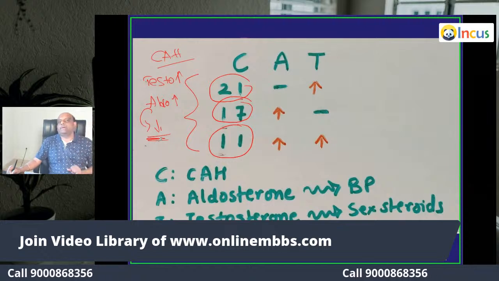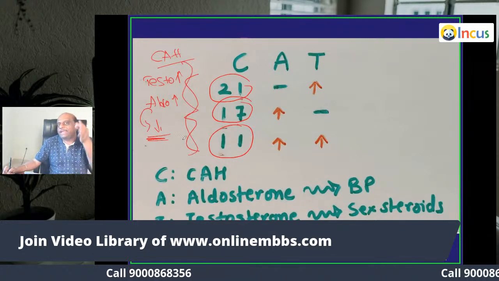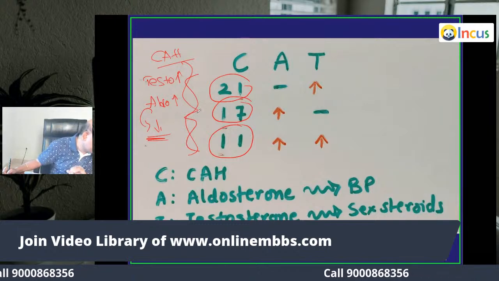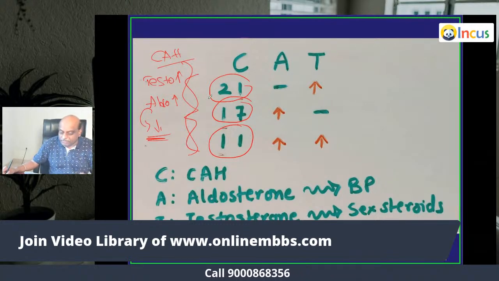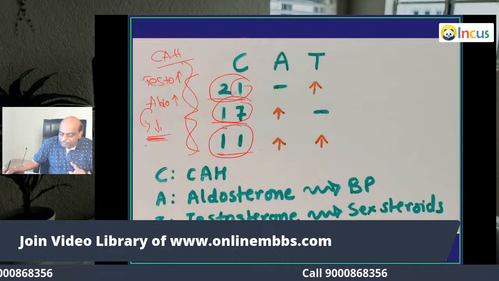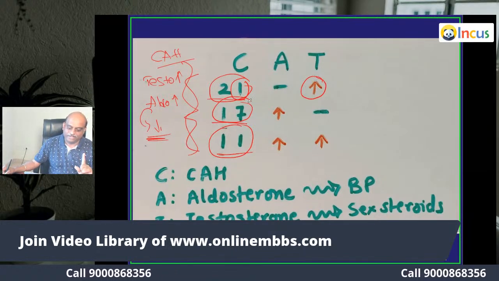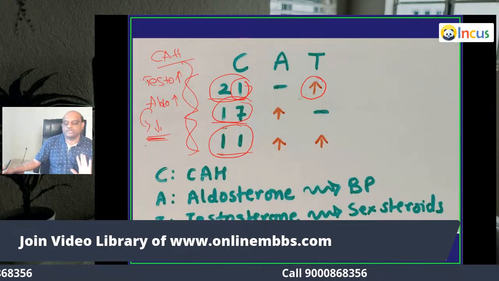So how will you remember which of these three possibilities in each of these congenital adrenal hyperplasias? So you write the number 21, 17, 11. Wherever 1 is there, testosterone is elevated.